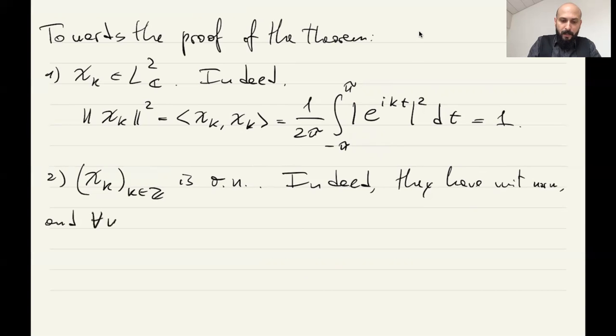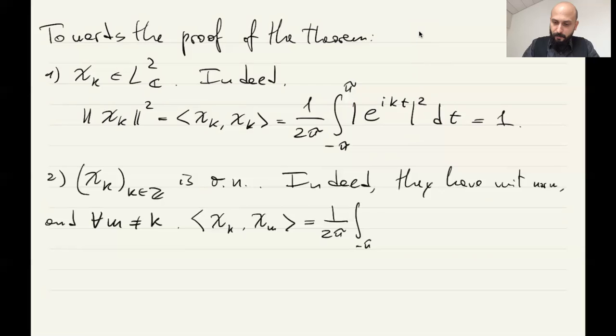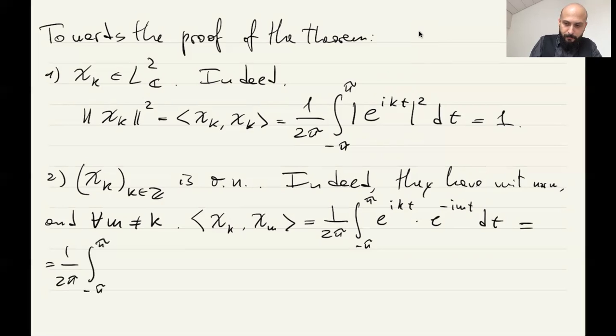And for all m different from k, if we consider the scalar product between φ_k and φ_m, this is equal to 1 over 2 pi, the integral between minus pi and pi of e^{ikt} times the conjugate of e^{imt}, so it's e^{-imt} dt, which is the same as 1 over 2 pi, the integral from minus pi to pi of e^{i(k-m)t} dt.